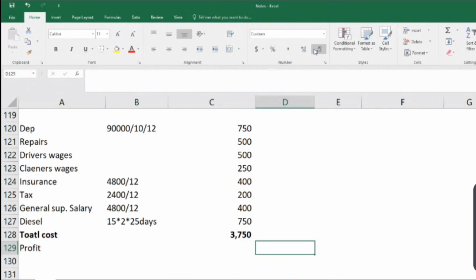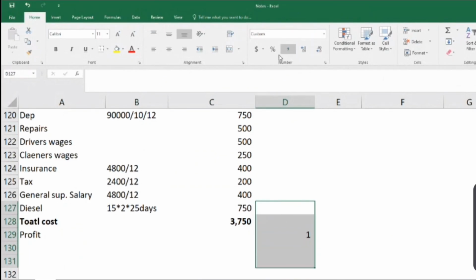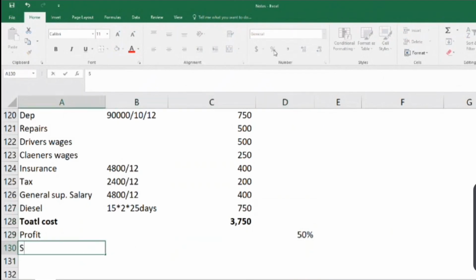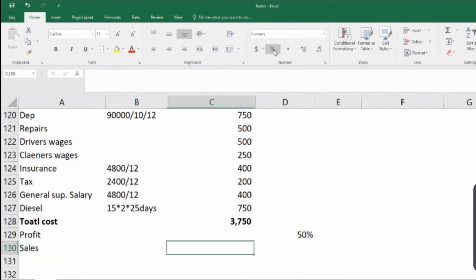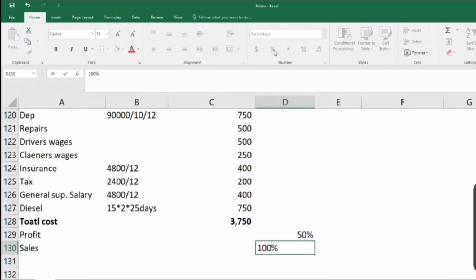Okay, so if profit is 50 percentage, your sales or income or takings will be 100 percentage. So cost plus profit is equal to sales, no?